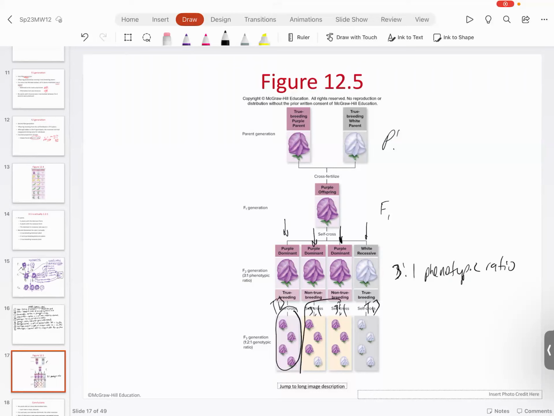So what he had was 3 major genotypic classes: 2 true breeders and 1 big group of non-true breeders. It turned out that 1 was a true breeder for purple, 2 were non-true breeders, and 1 was a true breeder for white. This then becomes what's referred to as the genotypic ratio.